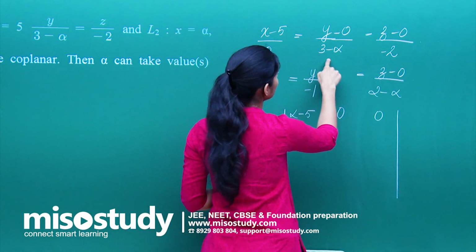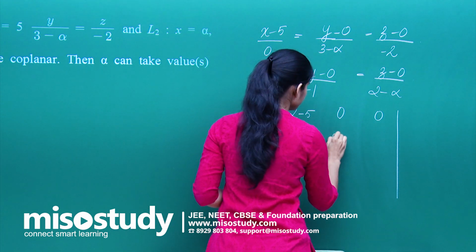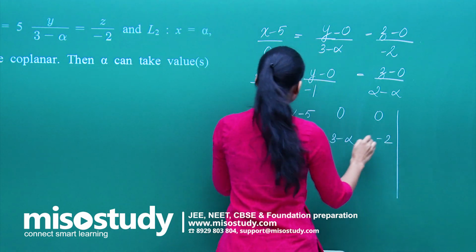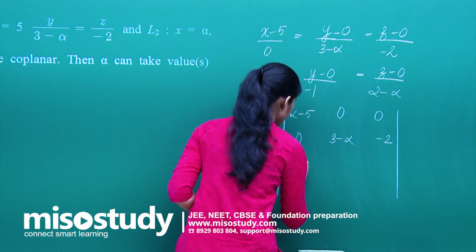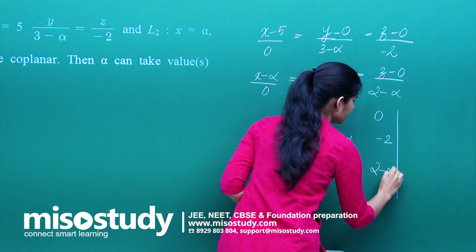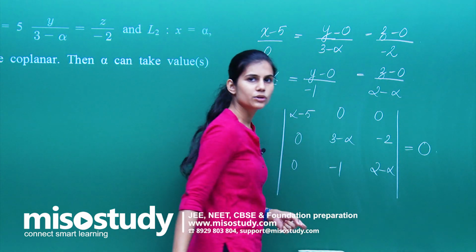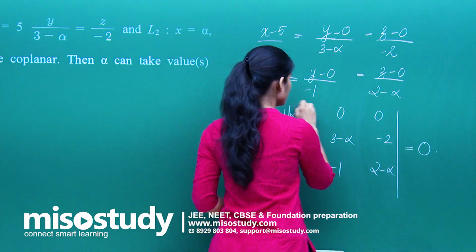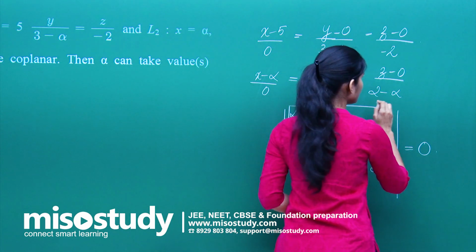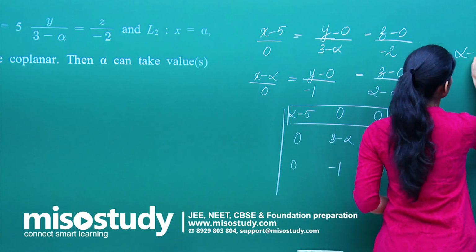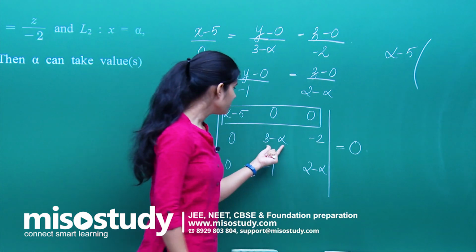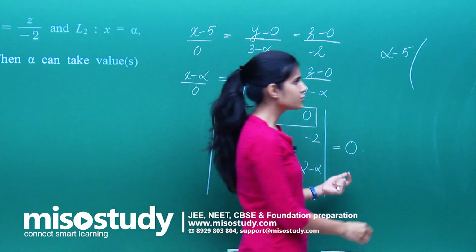Then you have 0, 3 minus alpha, minus 2 and 0, minus 1, 2 minus alpha. This determinant is 0. We know this. So, basically if you expand along the first row, what do you get? You get alpha minus 5. Here you have 3 minus alpha into 2 minus alpha minus 2.